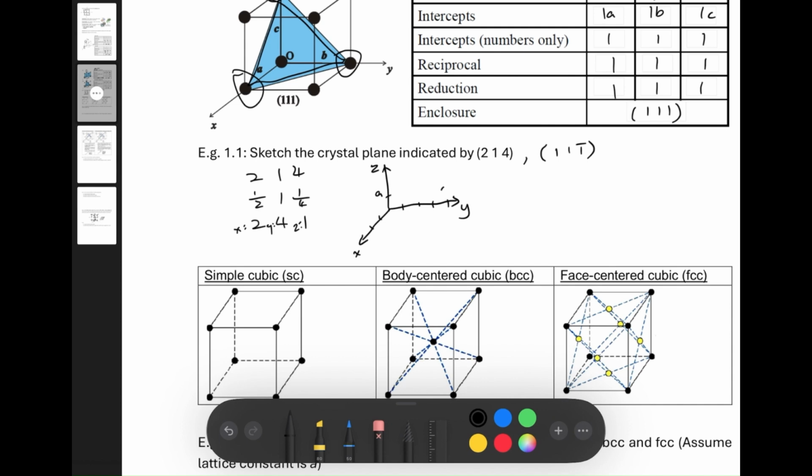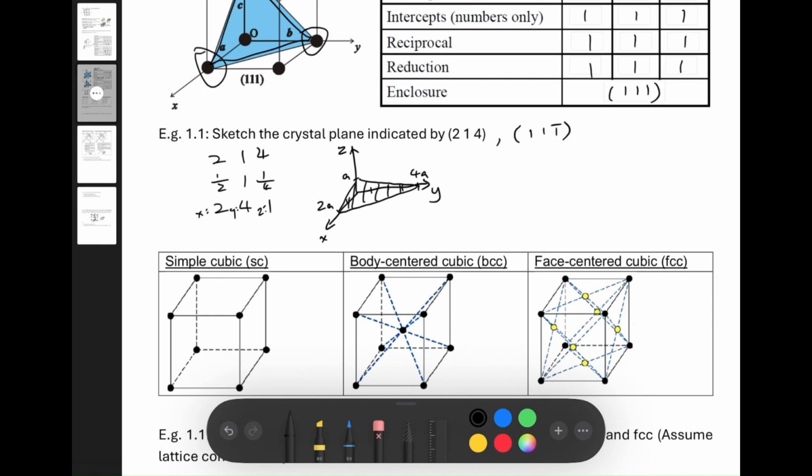So let's just label this A, 4A, and 2A. So when we join it together, and this will be the 241 plane. Sorry, I meant 214. So this will be the 214 plane. But the intercepts are at 2, 4, and 1.